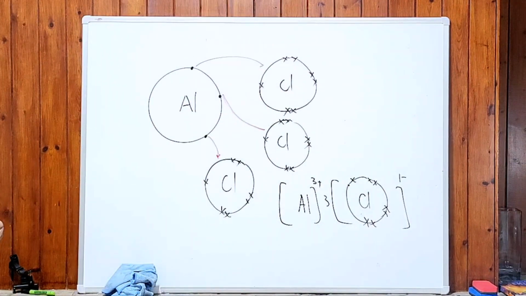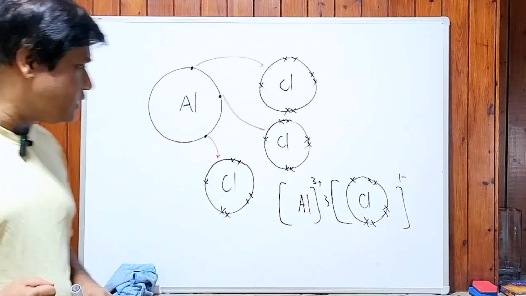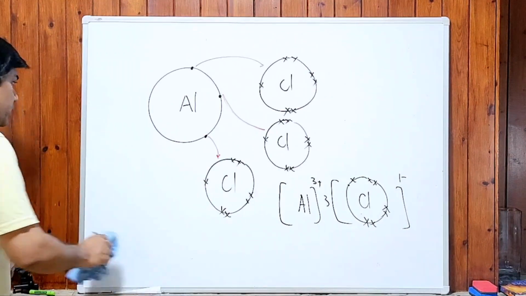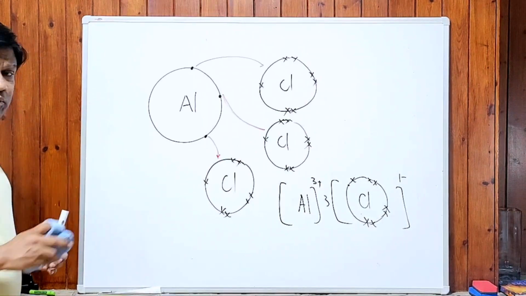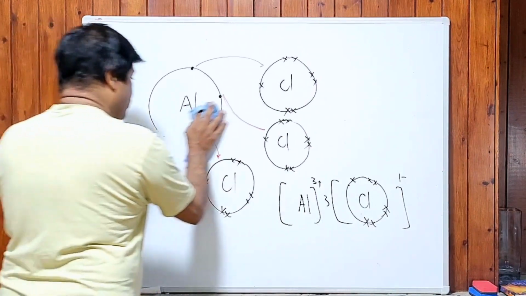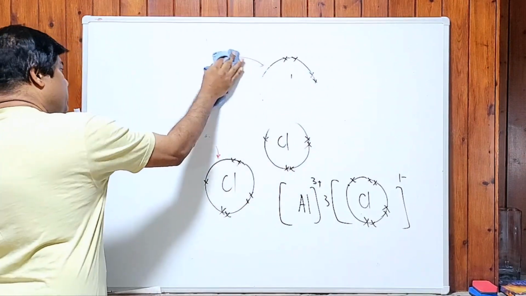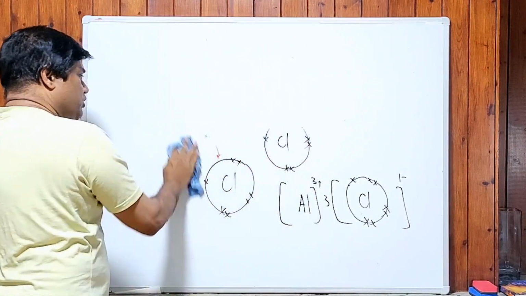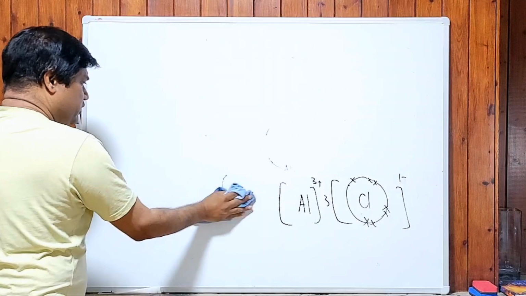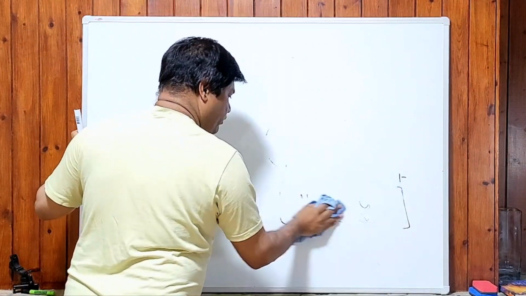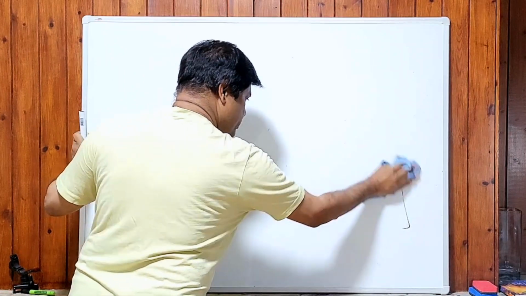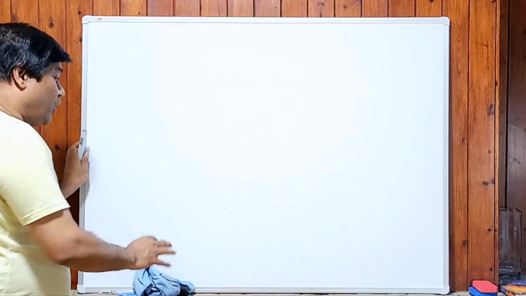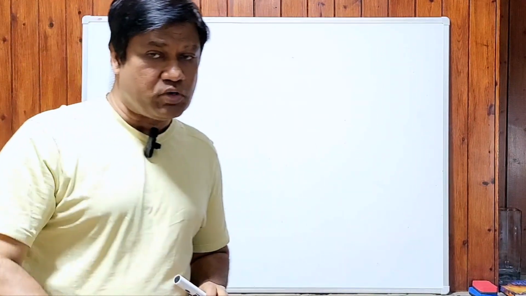Last one, and I will give you one homework. You will try aluminum oxide. First, when you get this type of question, you have to write the correct formula of aluminum oxide.